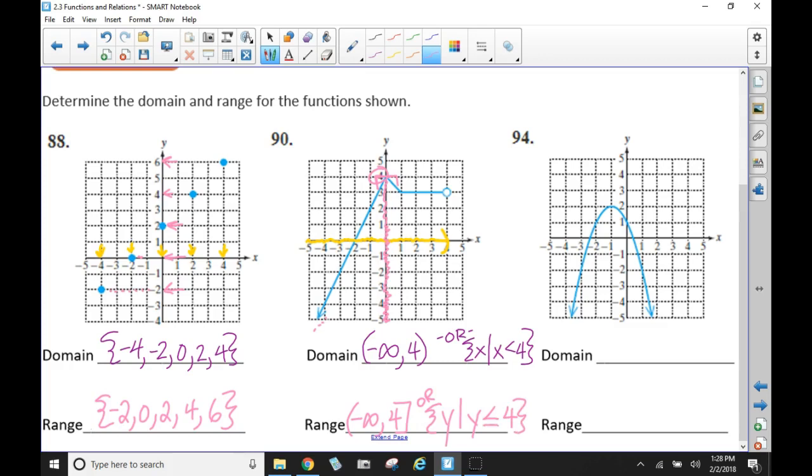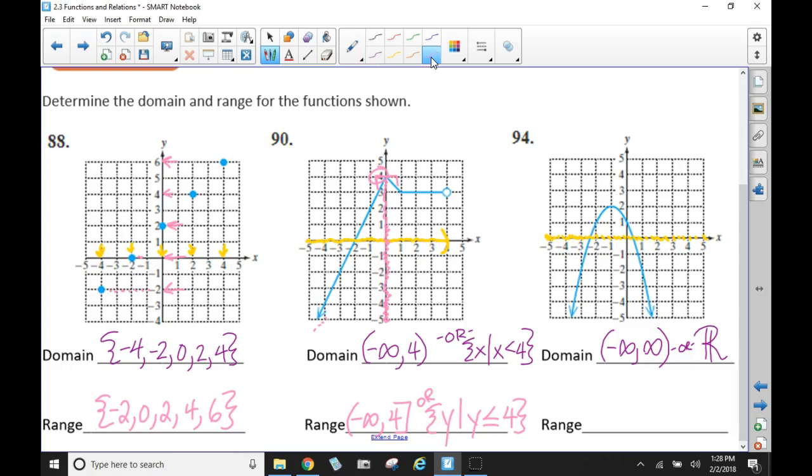On number 94, the arrows on the end of that parabola keep on pointing down, which says that for our domain, we're going to have x values all across our domain. So on our domain, it's everything from -infinity up to +infinity. Or you could just say all real numbers, something along those lines. Okay?